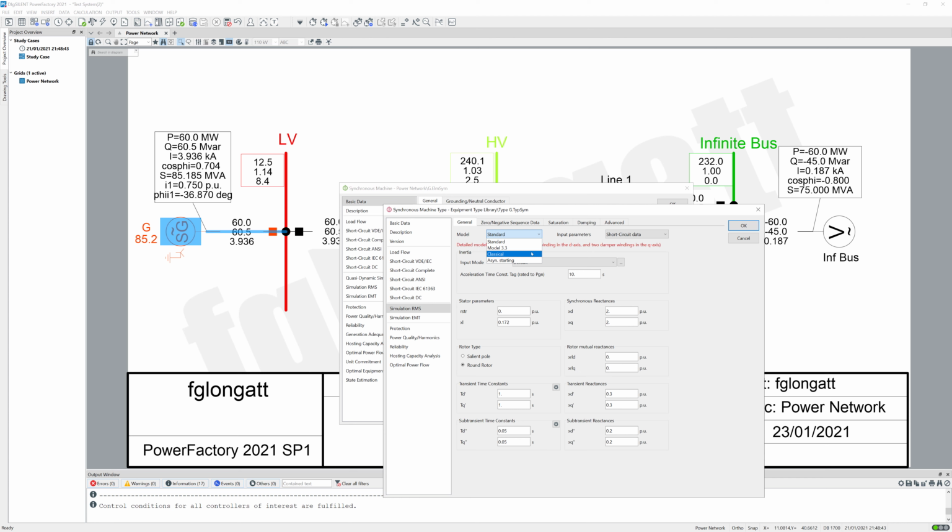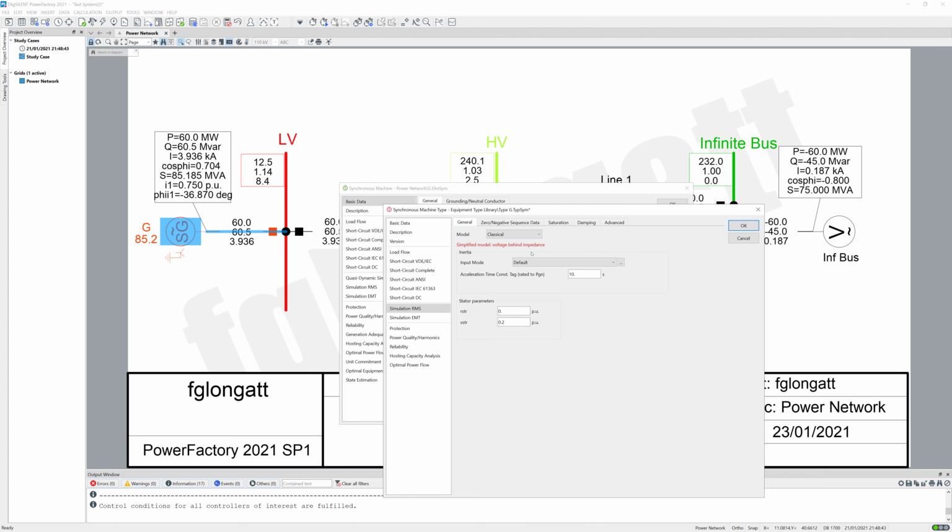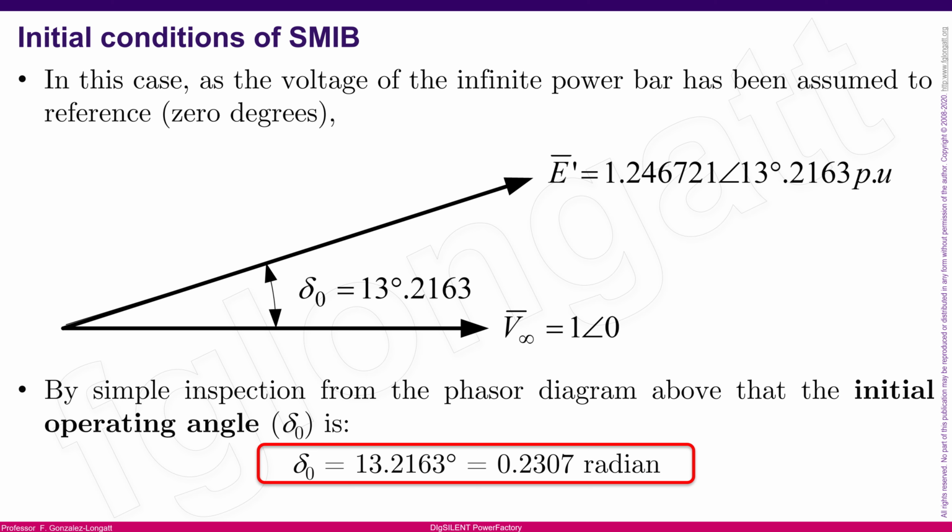If you press here, you can see how the model is totally simplified, okay? Now you can see that less data is required. For instance, the only data we need to put here right now is the transient D-axis reactance that was provided in the presentation, okay?